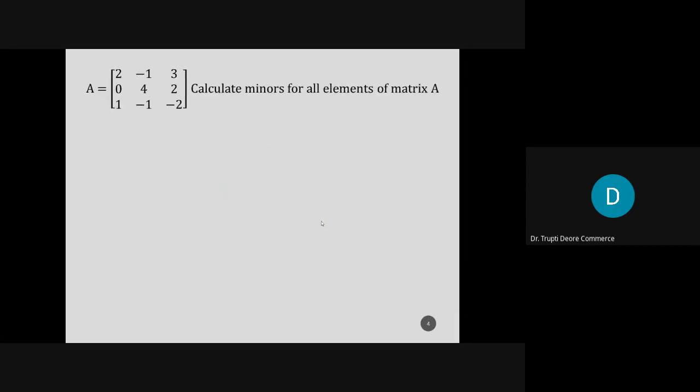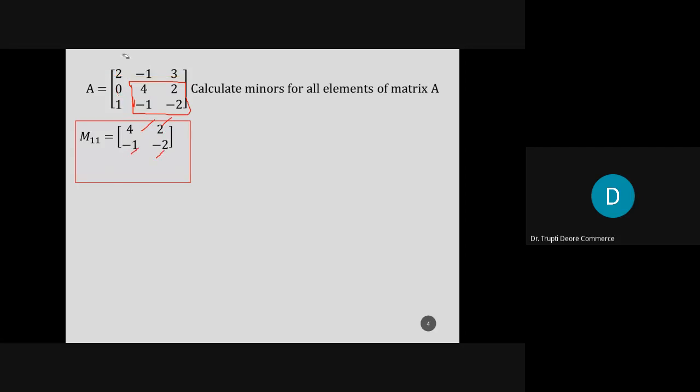For example, this matrix is given, right? For this matrix, we have to calculate minors. First one, M11. So how will you go? Here we have to calculate the minor for this. The minor of 2 is calculated by deleting this row and this column. So the remaining matrix elements are 4, 2 and minus 1, minus 2.